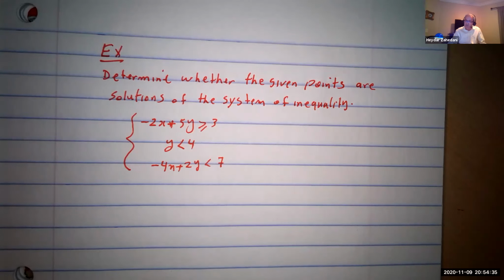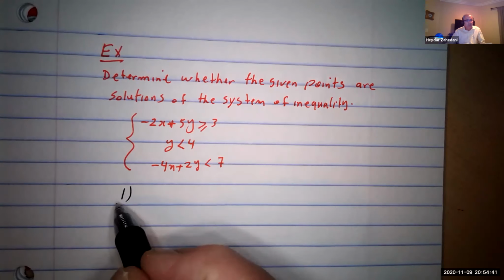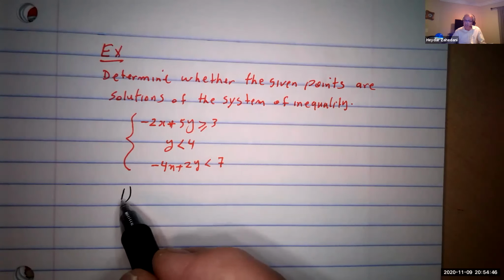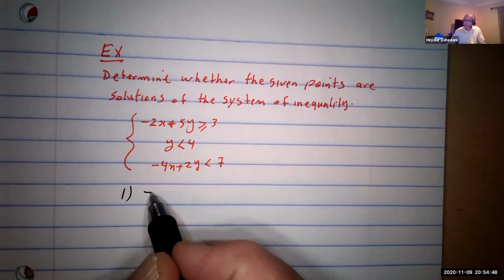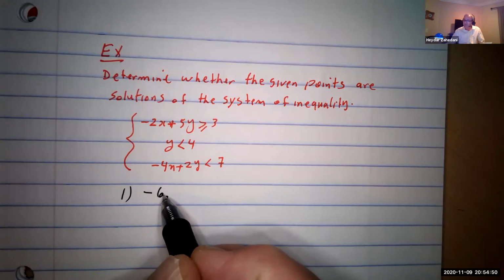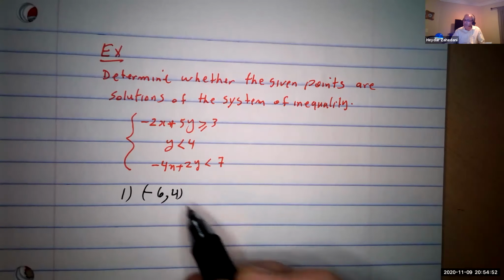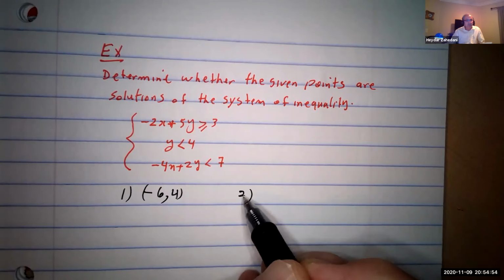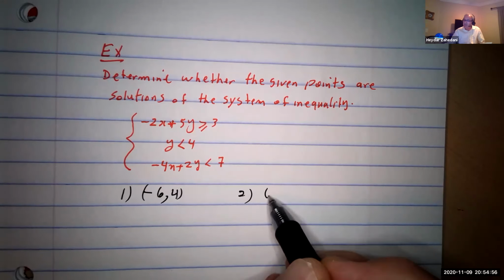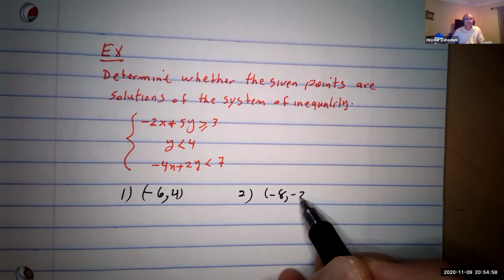The first point is negative 6 and 4. And the second point that we want to check is negative 8 and negative 2.